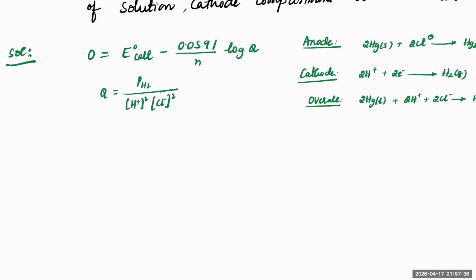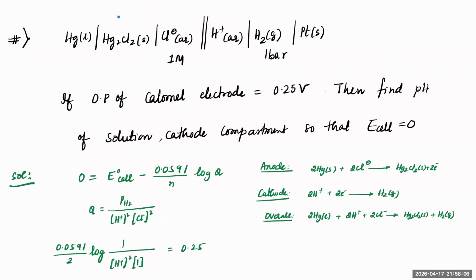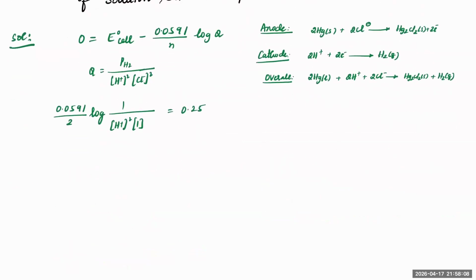If I substitute that value here, I'll get 0.0591 by n, and n in this case is 2, log of Q, which is pressure of H2, given as 1, divided by H plus concentration squared into Cl minus concentration, also given as 1. That is equal to 0.25, because E naught of oxidation for the calomel cell is given as 0.25, and you know the reduction of hydrogen is 0.